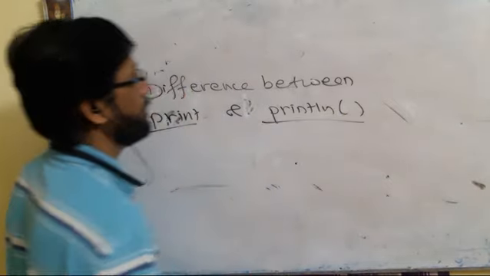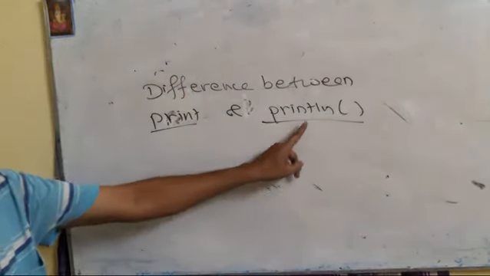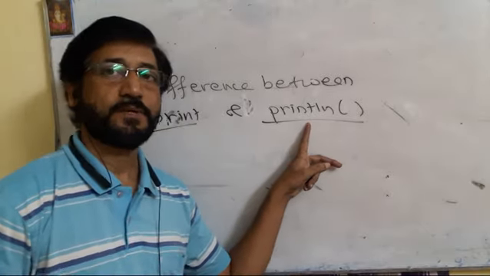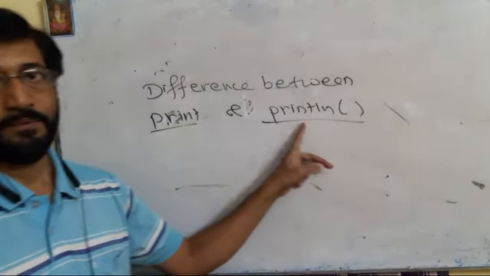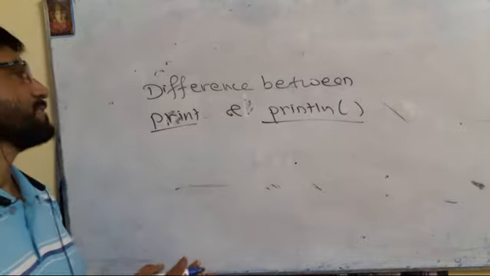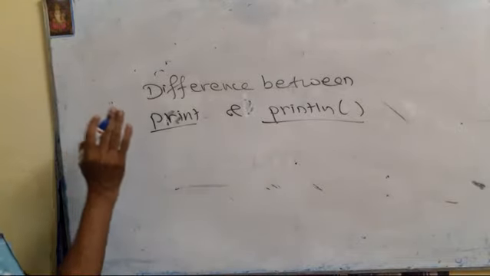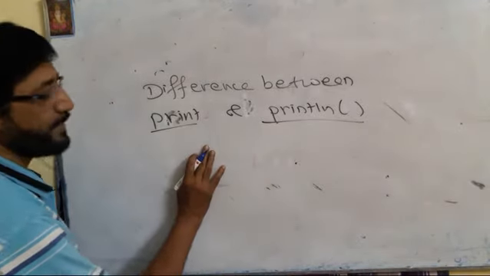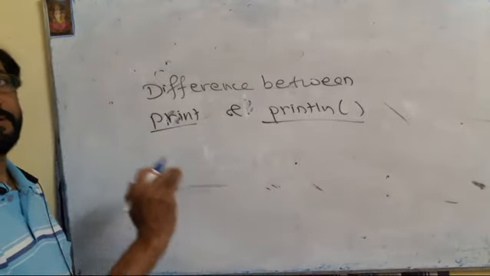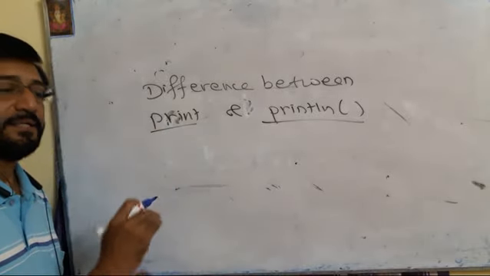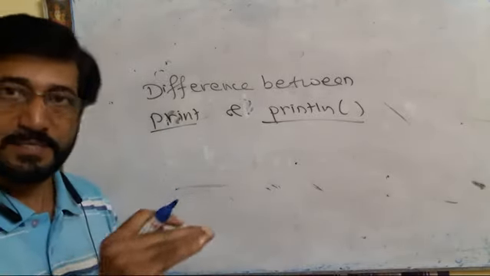Print and println, both methods are used to transfer to the screen what is stored in the out variable of the System class. But the print method will print the result and keep the cursor in the same line, so that the next result will be printed in the same line.